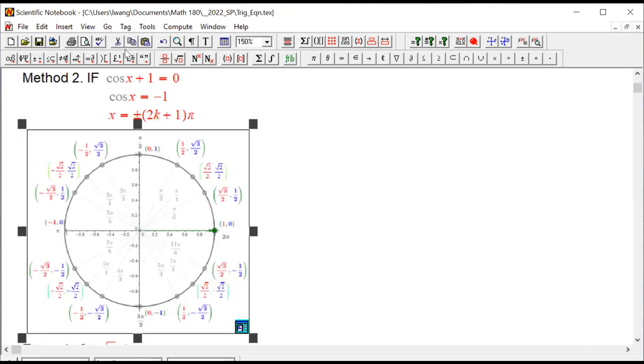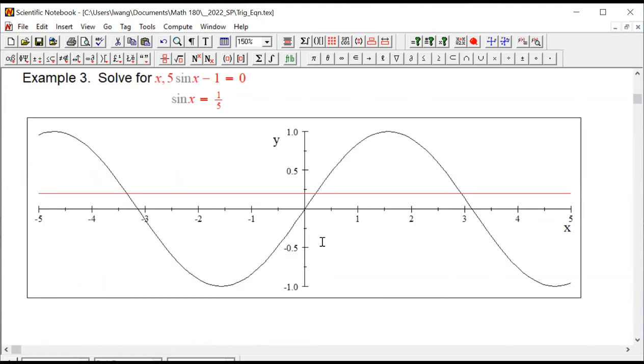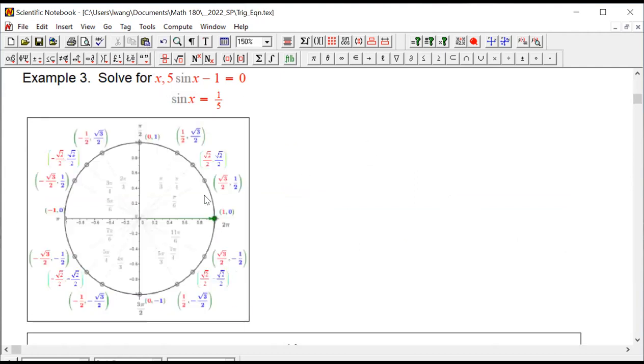If we use the unit circle, the blue number is 1/5. The blue number 1/2, √2/2, √3/2, 1/5 is going to be somewhere like that.